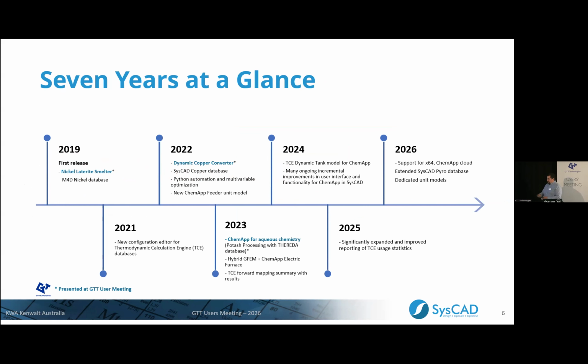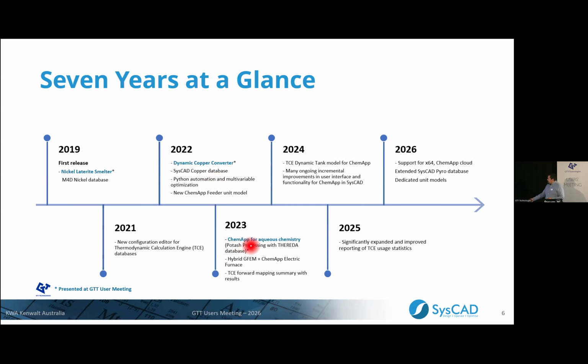And we discussed the first example for nickel laterite smelter. Then we progressed, adding more features, incorporating dynamic simulation or specialized units for dynamic simulation, which we presented later also in one of these GTT users meetings for a dynamic copper converter. I'm going to show a little bit of that later during the presentation.